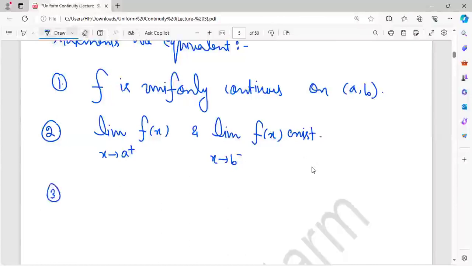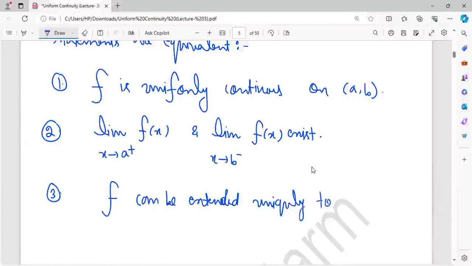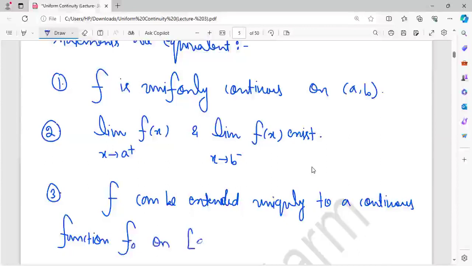Third one, f can be extended uniquely to a continuous function f naught on the closed interval AB.